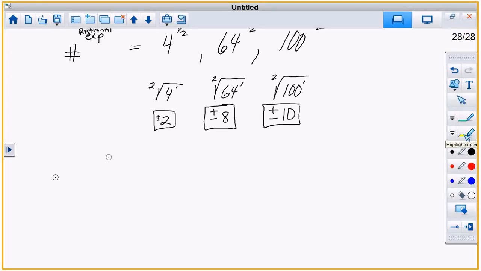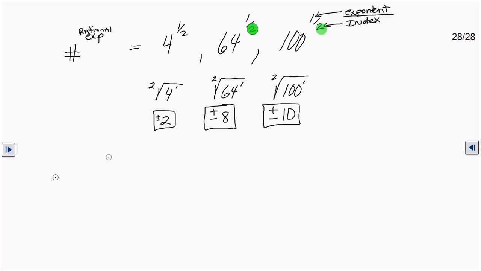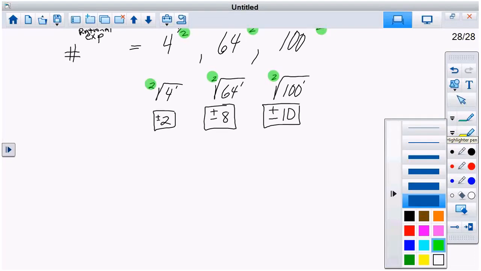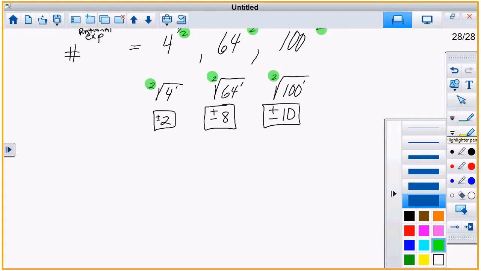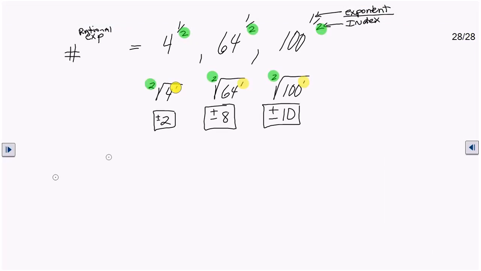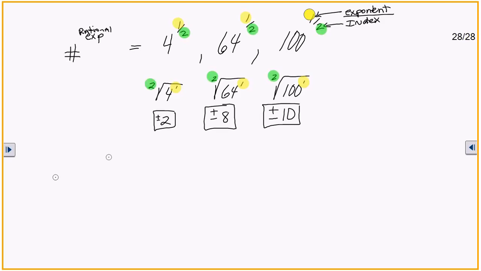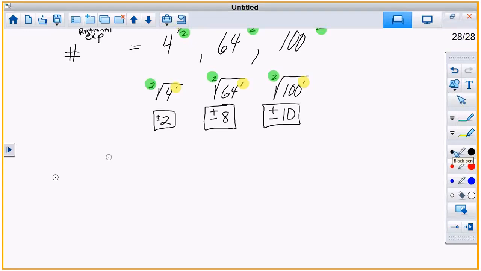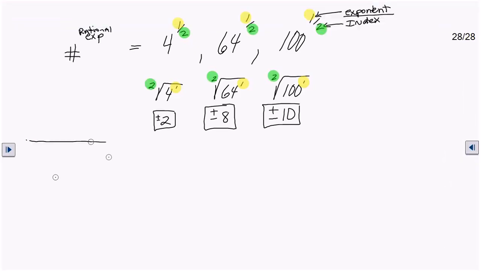Index, and then the exponent. And I can rewrite them. This also works with the cubes and the fourths.